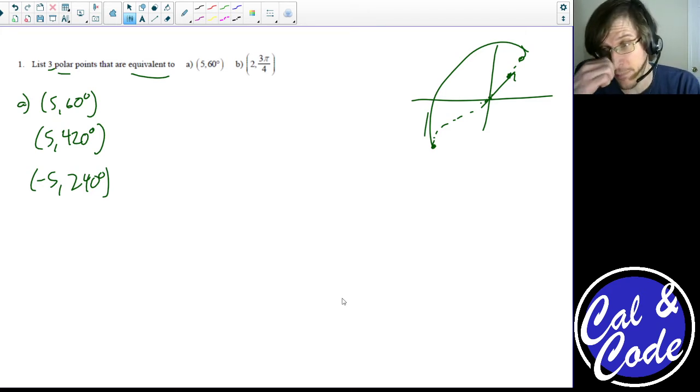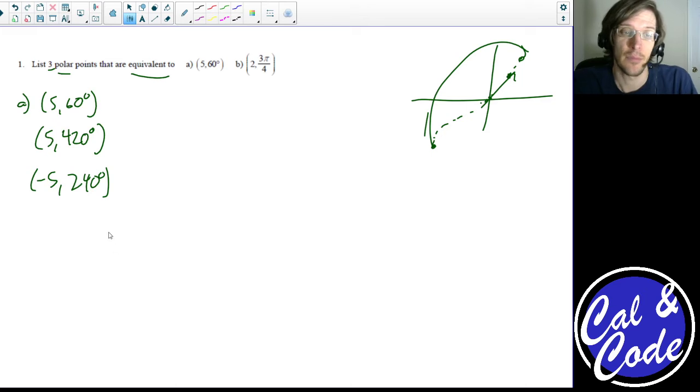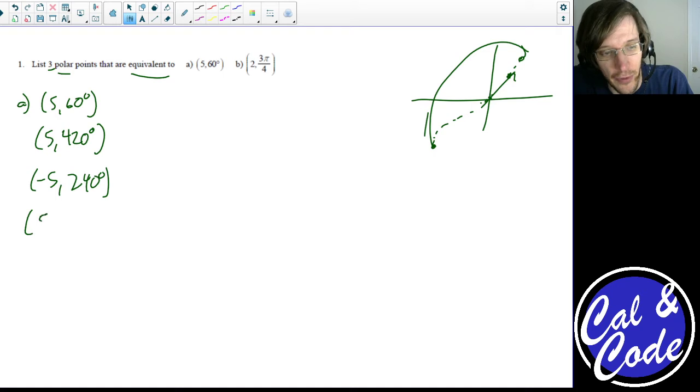And we can do the same thing by either subtracting 180 and putting a negative on it, or by subtracting 360 and leaving the first number alone. So I can also say (5, -300°). Okay, so that gives you an idea of what to do.